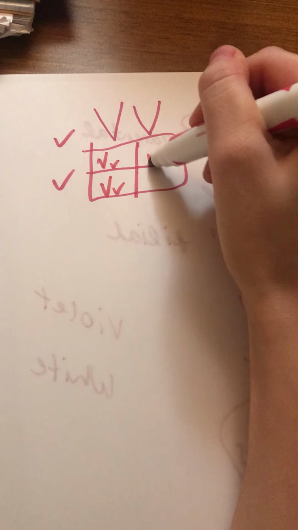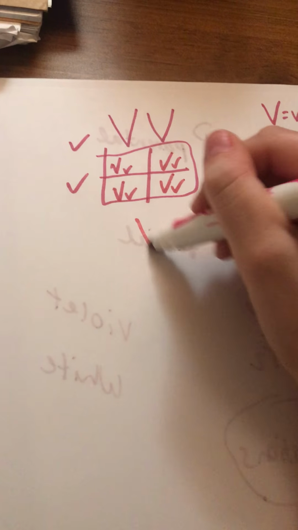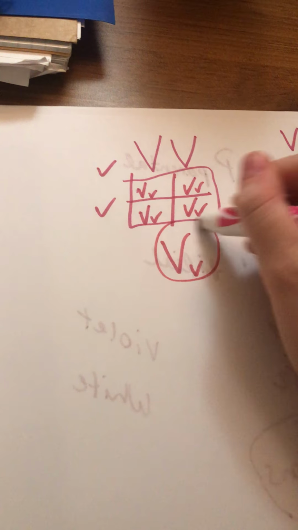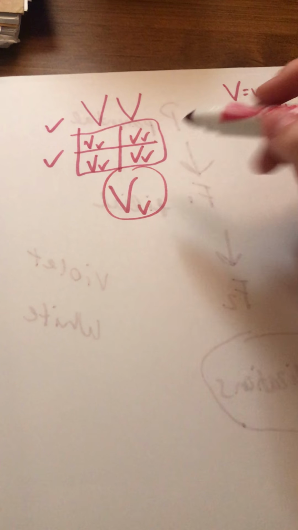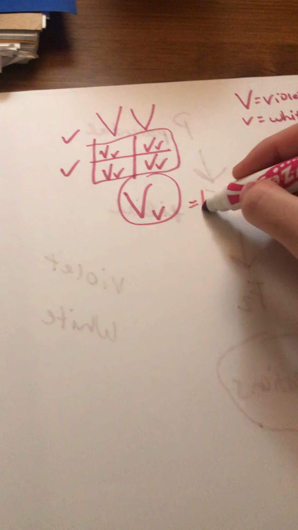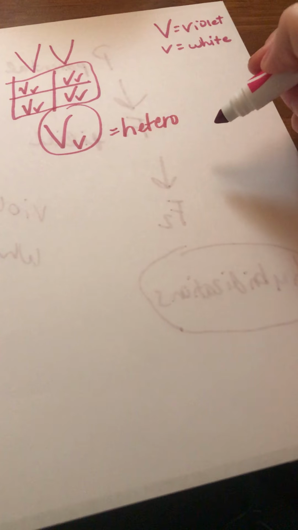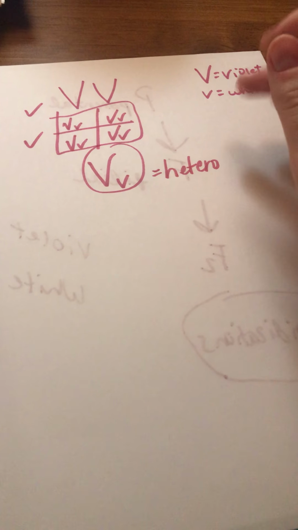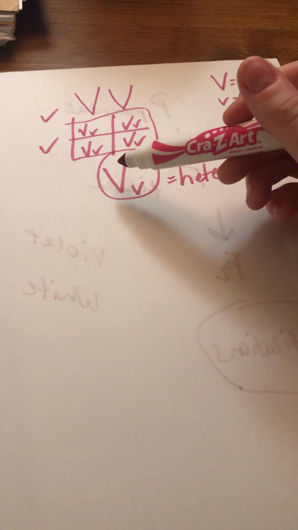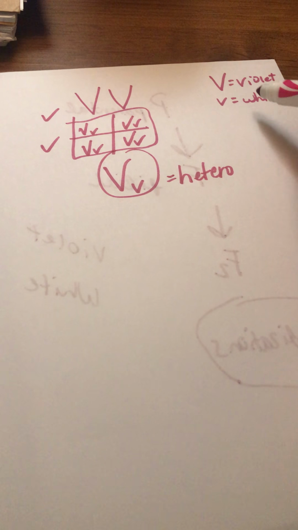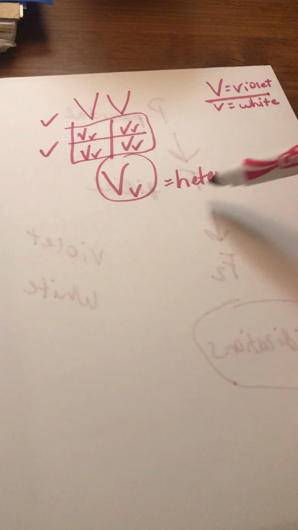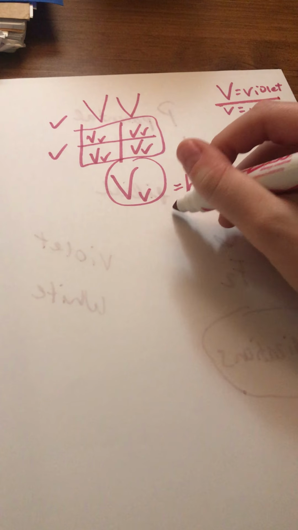If I blend these together, they are all going to be this. They are different, so one's big, one's little, that means it's hetero. If they were both capital or both lowercase, it would be homo, same. And so these are hetero. Because you have the dominant trait with the recessive trait, it's going to take on the dominant form. So if all of these are hetero, they are all going to be violet.